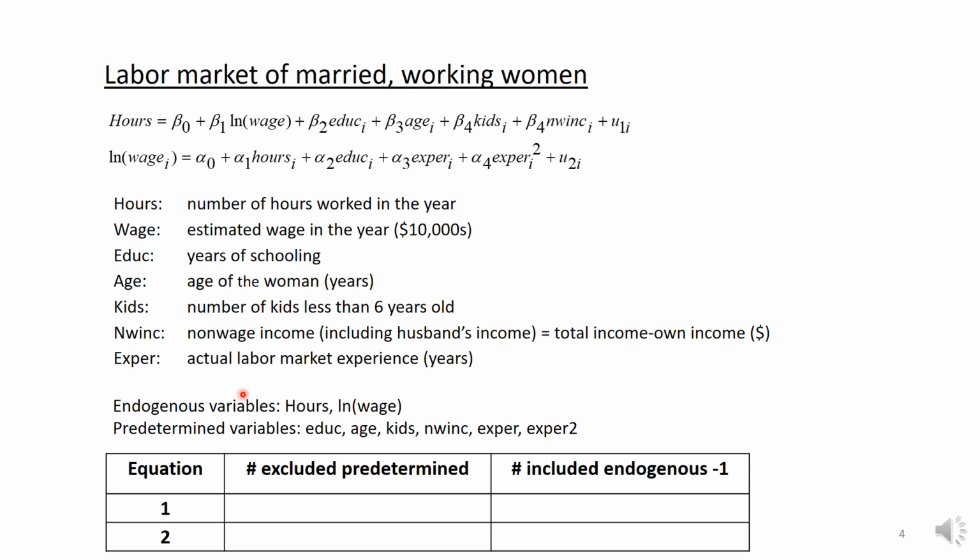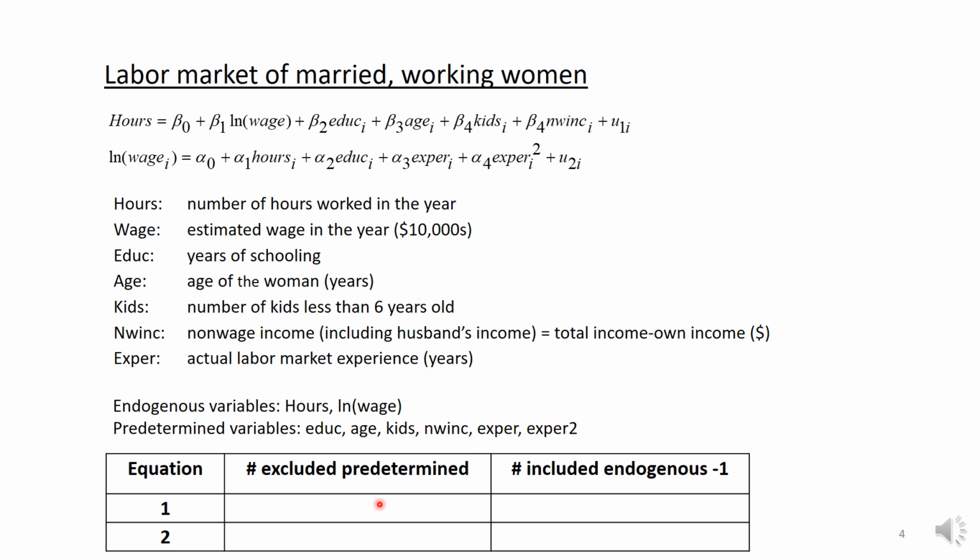So let's focus on the first equation first. For the first equation, we have included education, age, kids, and non-wage income. These are the predetermined variables that are included. The ones that would be excluded will be, in this case, experience and experience squared.